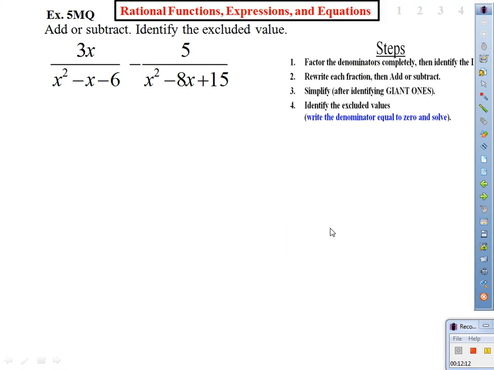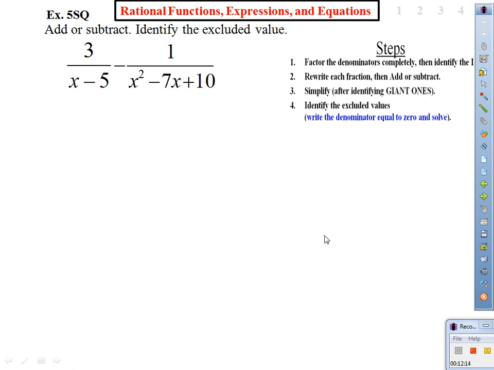Let's move on. Go to this one. What number is that on side C? That is number 10.